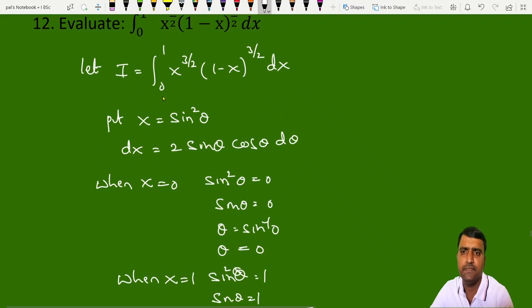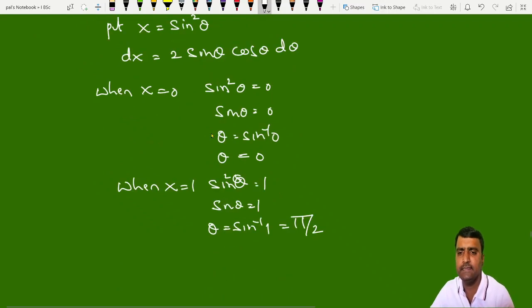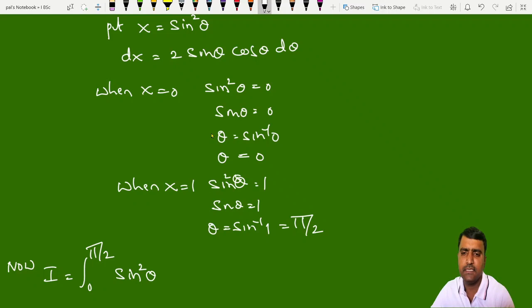In this one, if you substitute this limit 0 to pi by 2, and in place of x you take sine square theta, then I can be written as the integration from 0 to pi by 2 of x to the power 3 by 2. What is x? x is sine square theta.